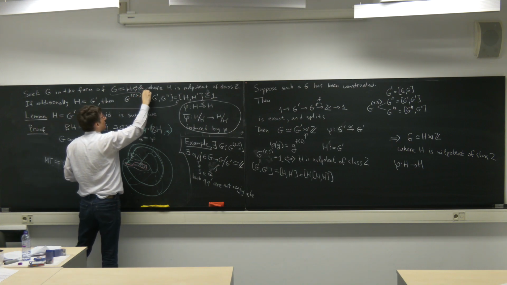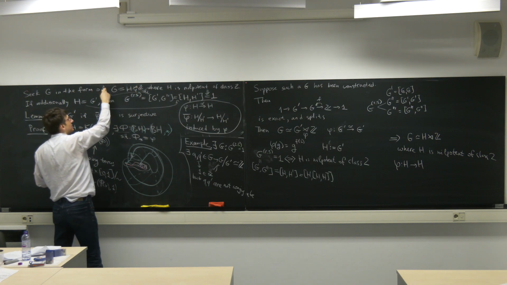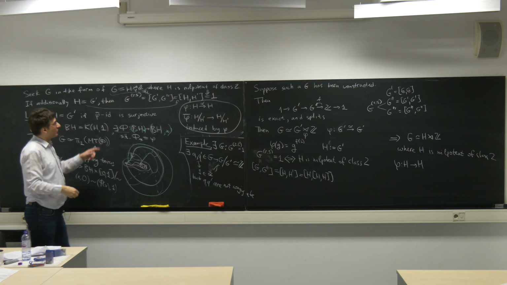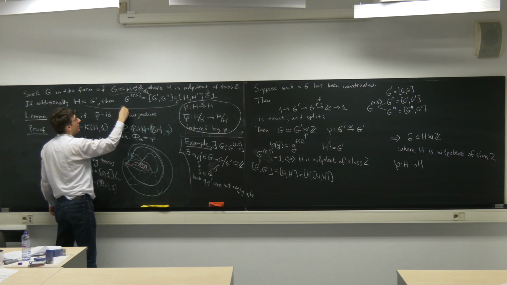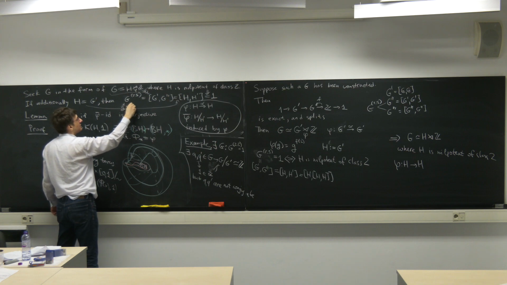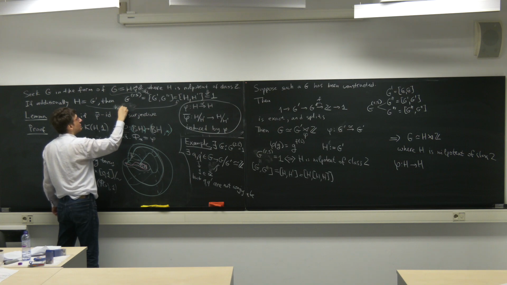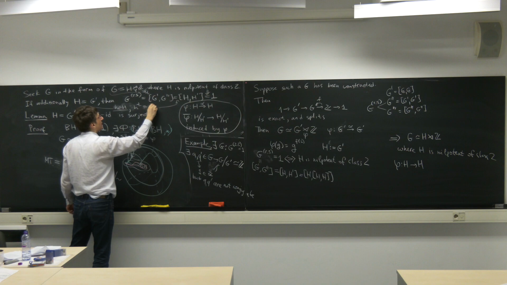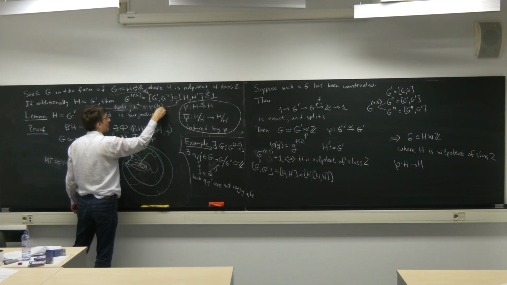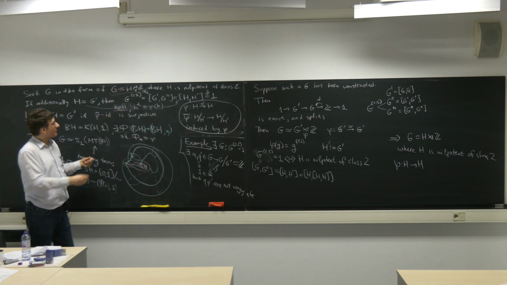If this generator is called T, or maybe it can be called 1 in Z, but I want to use it as an element of G, so it's better to call it T. Then the conjugation by T in this semi-direct product is the same thing as follows: if I take an element from H, then its conjugation by T is the same thing as taking phi of H. This is more or less from the definition of this semi-direct product.